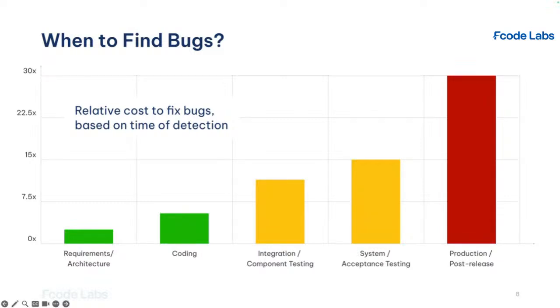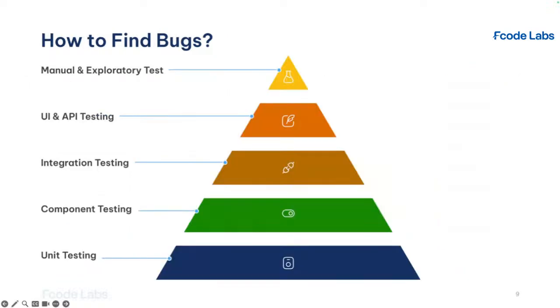So, to eliminate this cost as much as possible, we need to do thorough testing, and we have to implement tests in a pyramid shape like this. Now, why are we saying to implement tests in a test pyramid, especially in this shift-left approach?